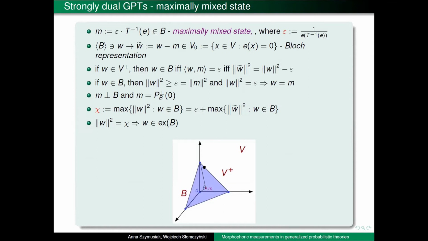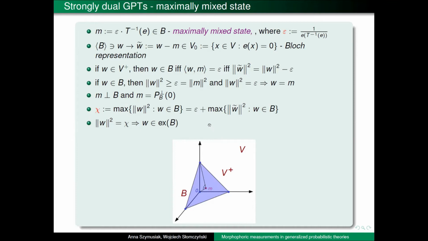This state lies, in a sense, in the middle of the state space B, and is orthogonal to B, or in other words, this M is the orthogonal projection of 0 on B.